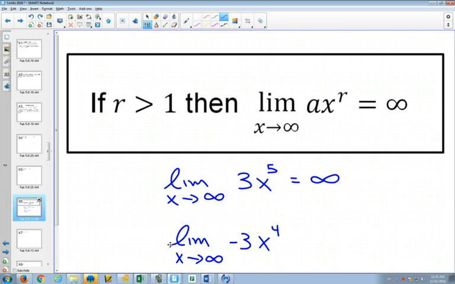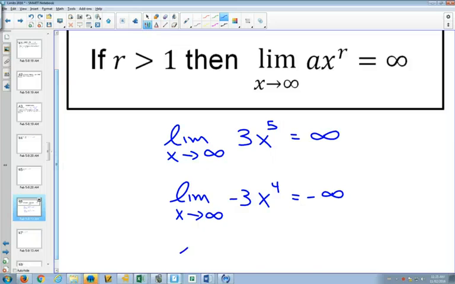If infinity is negative, so this one's going to be negative infinity. But if I had this limit as x goes to negative infinity of negative 3 x to the 4, I'll write it exactly the same. And 3 is positive? So in this case, this power of 4 is going to make whatever is in there positive, times a positive 3. This one will be positive infinity.